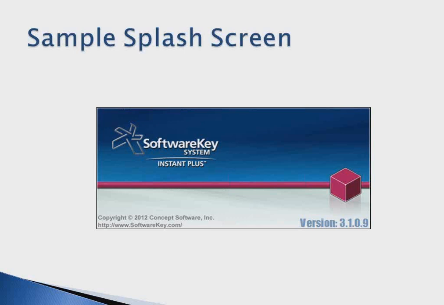If you are using the Instant Plus wizard with our licensing server Solo, any communication that needs to occur during application startup will occur during this splash screen. You can tell the wizard which graphic to use. As you can see, we have customized the splash screen with our own graphic.